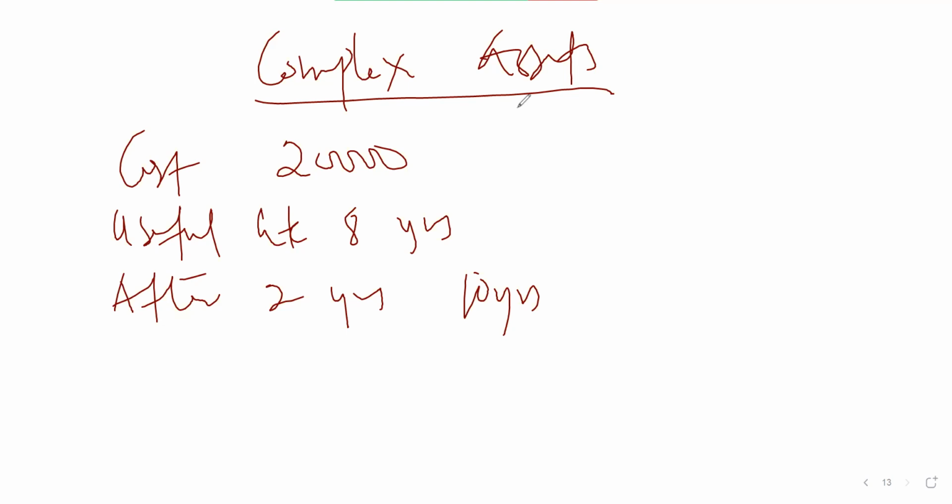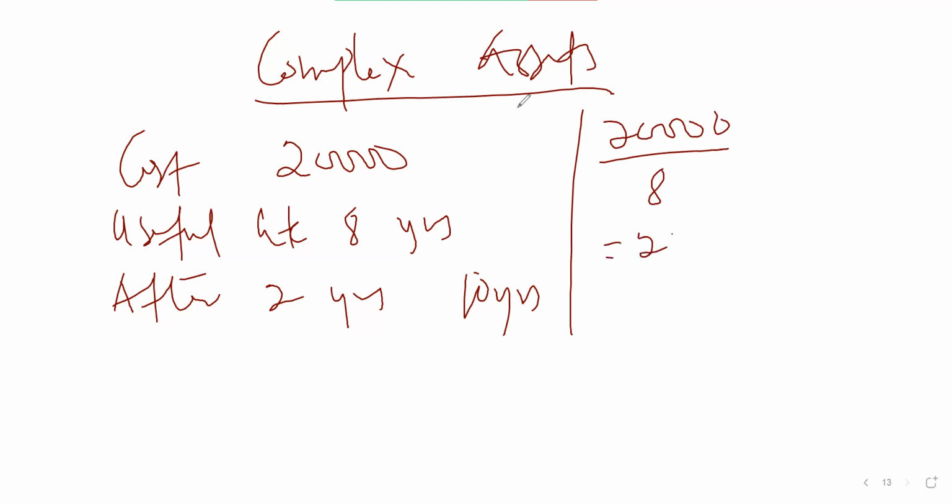With my understanding, I think you have to depreciate the asset. You divide 20,000 by 8, you get 2,500.